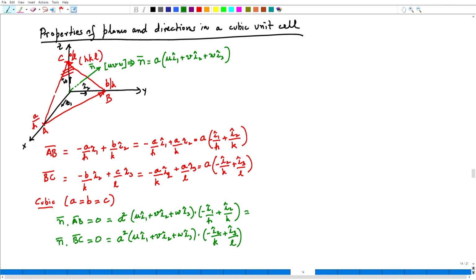So, we will see that most of the terms will drop to 0. Only terms which will survive would be i1 dot i1 and i2 dot i2. i1 dot i2 or i1 dot i3 will be 0.